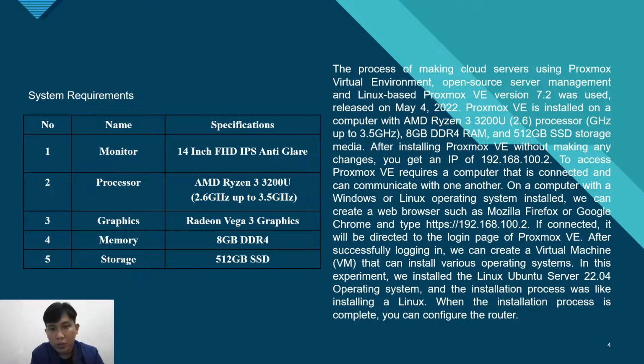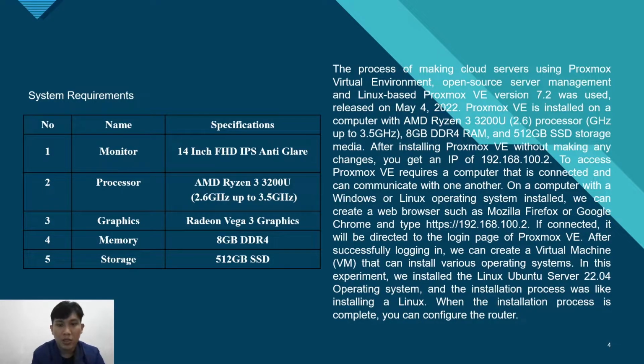On a computer with a Windows or Linux operating system installed, we can open a web browser such as Mozilla Firefox or Google Chrome and type the IP address. If connected, we will be redirected to the login page of Proxmox virtual environment.